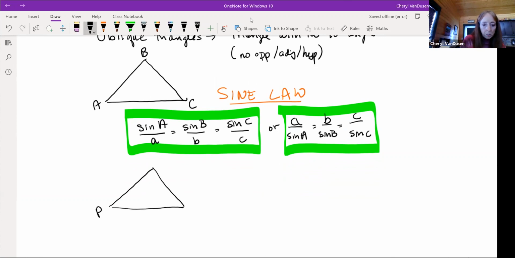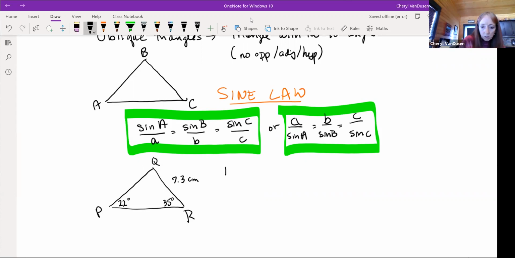So we'll do triangle PQR. I'm going to say that this is 22 degrees, this is 35 degrees, and this side is 7.3 centimeters.